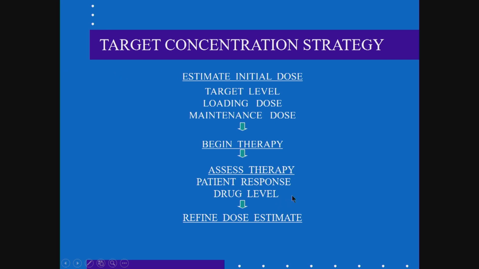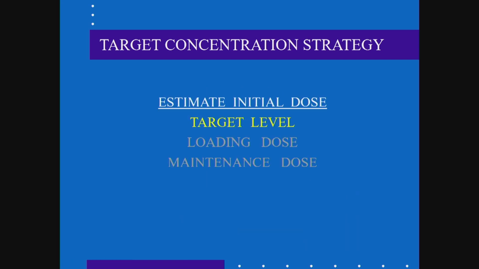We need to see the response in the patient. And we may also measure a drug level, and based on this assessment then we may refine the dose estimate, adjust the dose, and then continue on an iterative basis to optimize the range of concentrations that we want to maintain throughout therapy.